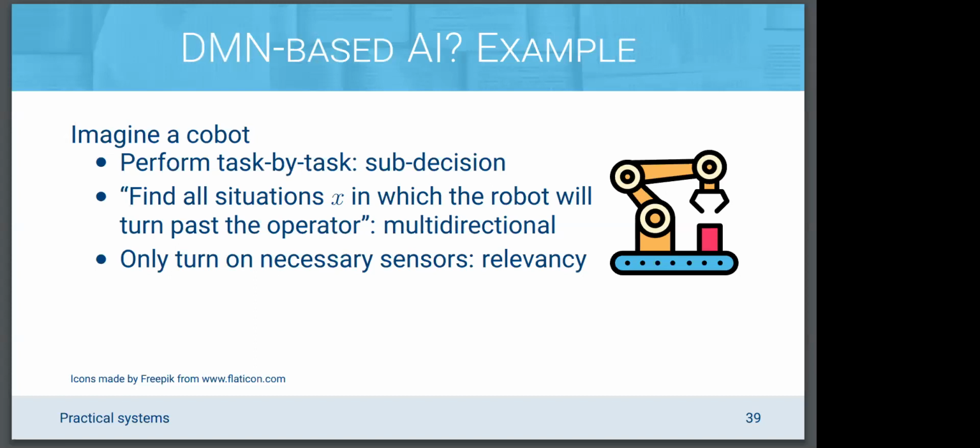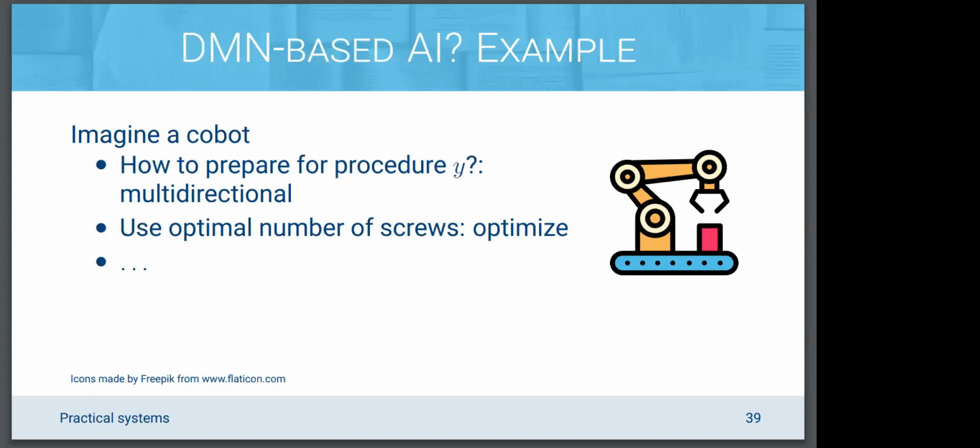We can set in advance that a robot needs to turn to the right, and then generate all the possible models, all the possible worlds in which this would happen. Or something like only turn on your necessary sensors, because imagine it's running on a very small embedded board and running a sensor costs a lot of power. If we only turn on the necessary sensors, we need relevancy to find all the relevant sensors. Or stuff like how do we prepare for procedure Y?